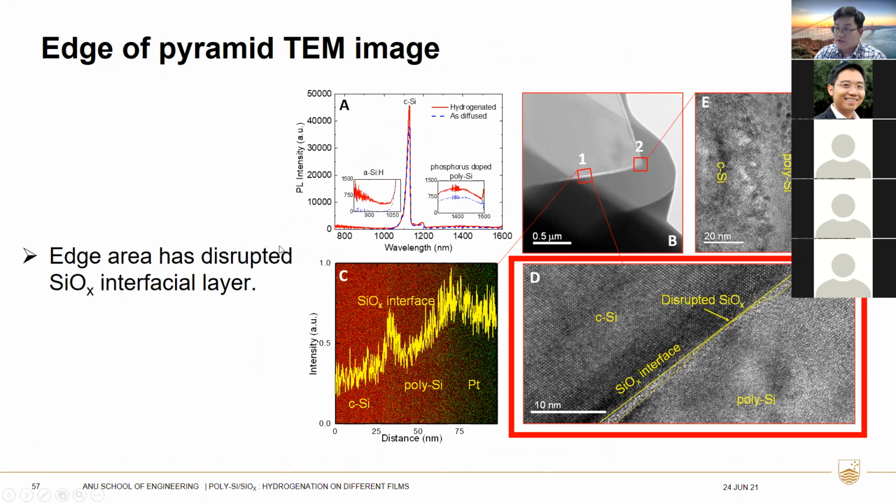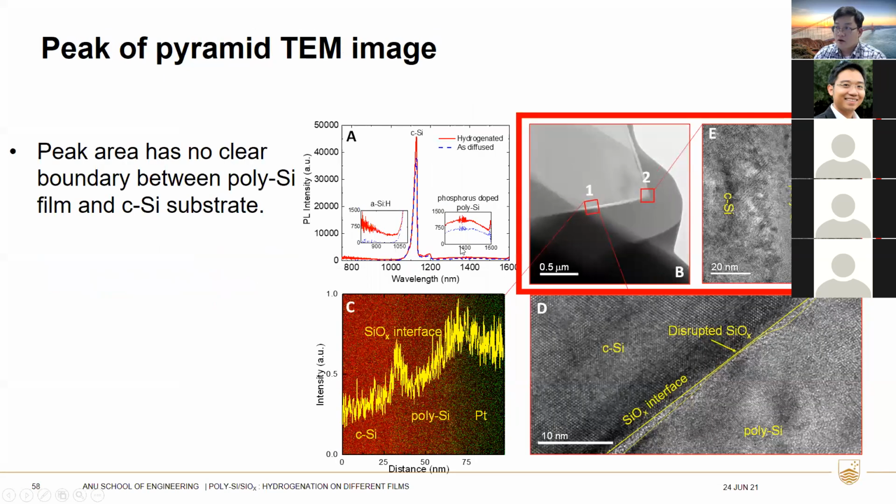So we did some TEM images of the pyramids, and we found that the edge area has a disrupted silicon oxide interface. Also, the peak area has no clear boundary between the polysilicon film and the crystalline silicon substrate.